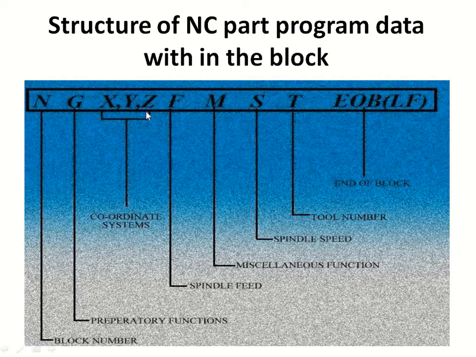X, Y, Z show the coordinate systems. F represents the feed. M represents the miscellaneous function. S represents the spindle speed. T represents the tool number, and the last one represents the end of block.